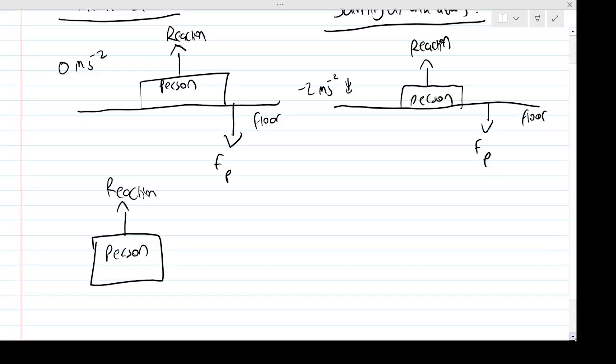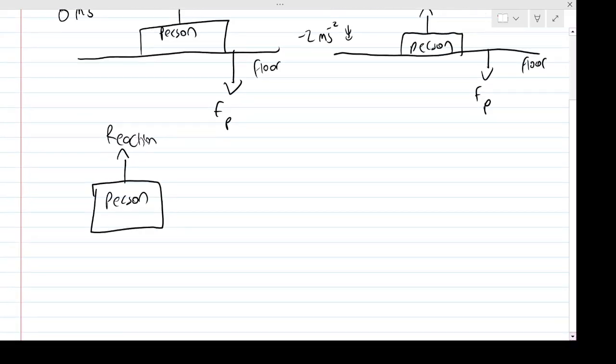Now, the person will also feel its weight, okay? Now, I want to emphasize very clearly, the weight is not necessarily the same force FP here. The force FP is the force inflicted on the floor due to the person, so the contact force, the force acting on the floor, okay?